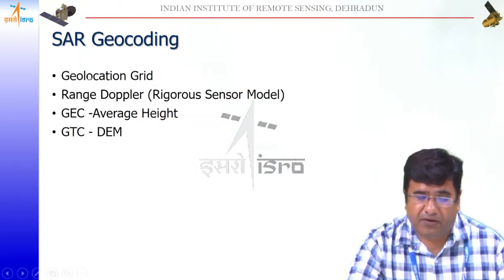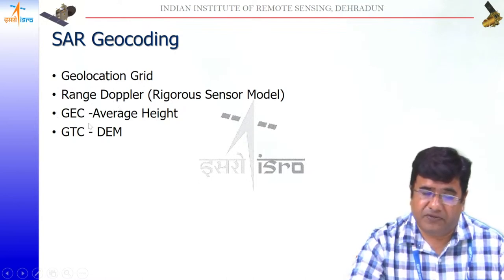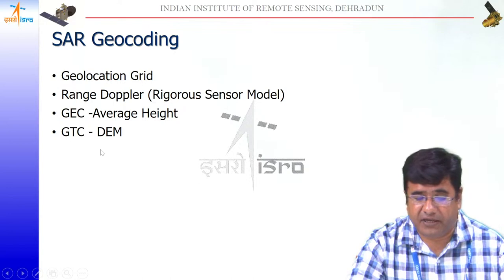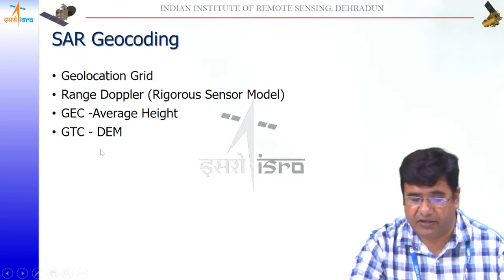SAR geocoding can be done either using the geolocation grid or the range Doppler model itself. In the GEC we use the average height, and in the GTC we have to use the digital elevation model, the DEM.